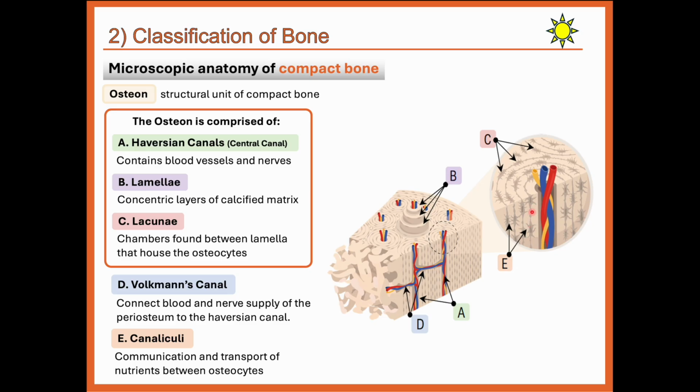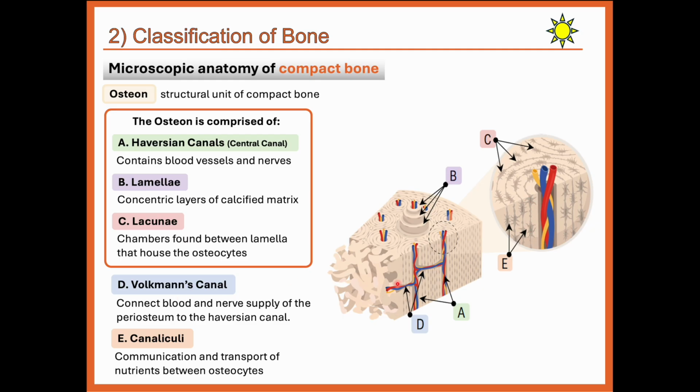This is called a canaliculi, a little canal that communicates and transports nutrients between this osteocyte and this one. So they allow them to communicate and to transport things to each other, right? If this cell needs to talk to this one, they will send their stuff through the little canals, the canaliculi.